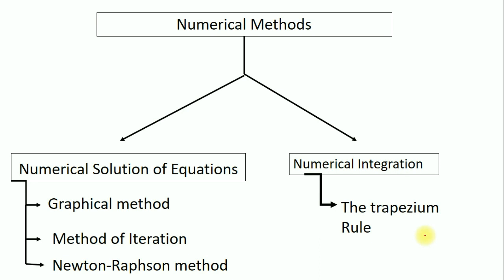Now, based on this chart, you can see that we have covered numerical integration, where we use the trapezium rule to estimate the area under a curve. We have also covered numerical solution of equation.